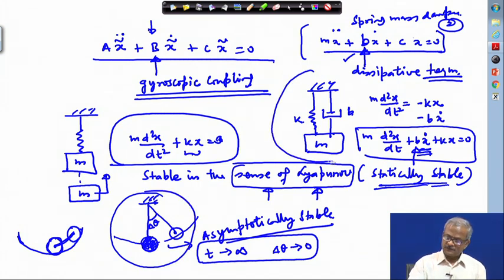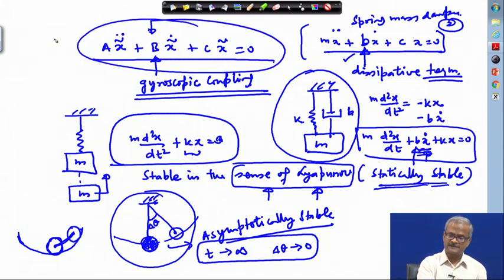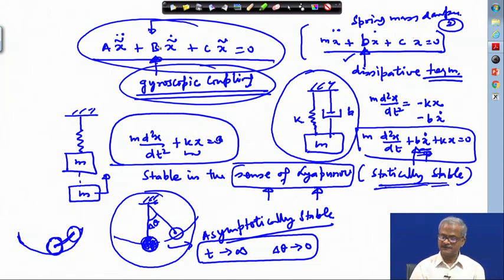This system is also asymptotically stable because there is a damping term present here. But in the system we were discussing earlier, this is the gyroscopic coupling term, not an actual damping term. So this type of system is not asymptotically stable. In asymptotically stable systems there is a dissipation of energy, just remember.